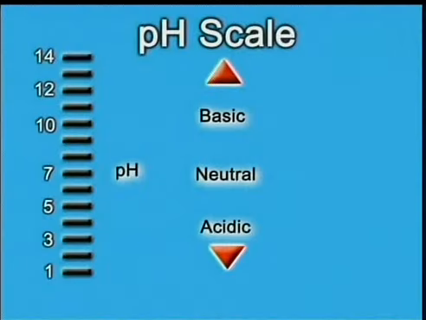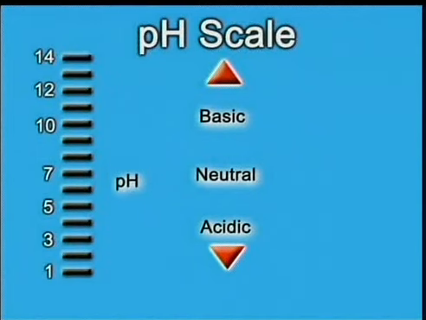It's measured on a scale of 1 to 14, with 7 being neutral. So if we're talking about soils that are less than 7 in pH, those would be considered acidic, although very few people from a management or practicality standpoint will consider a soil, for example, at 6.5 to be an acidic soil. That is still considered in the range of neutral.